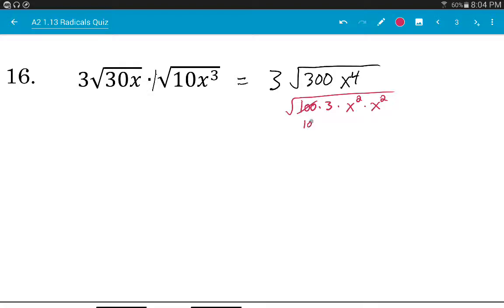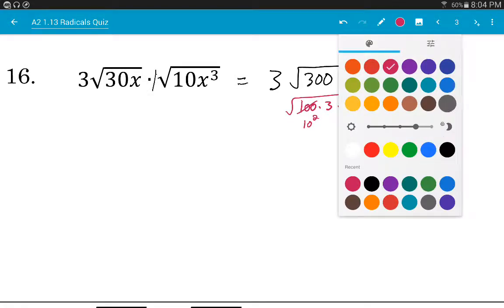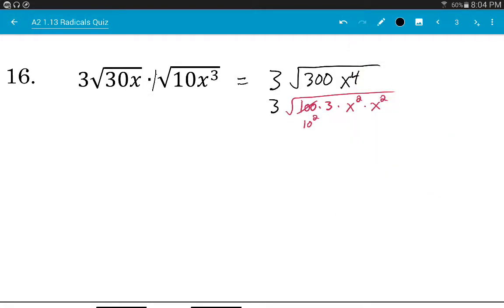The 100 can become 10 squared. I shouldn't forget about the 3 on the front. And now the 10, the x, and the x will all be able to cross out their exponents and come through to the front. So 3 and 10 is 30. And x came out, that's x squared. And who's stuck? Just the 3.